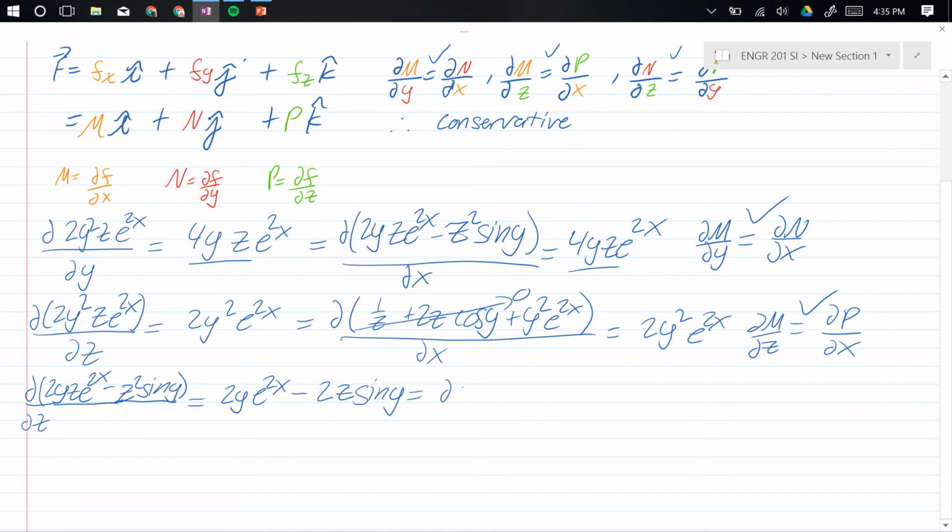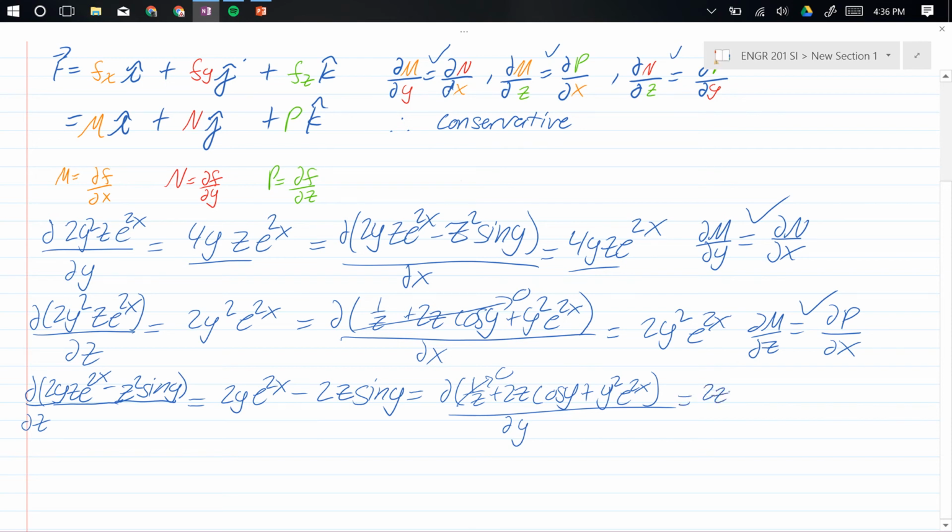And that should equal the partial of p, which is 1 over z plus 2z cosine y plus y squared e to the 2x, with respect to y. That first term should go to 0. For this term, you just take the derivative of cosine y.